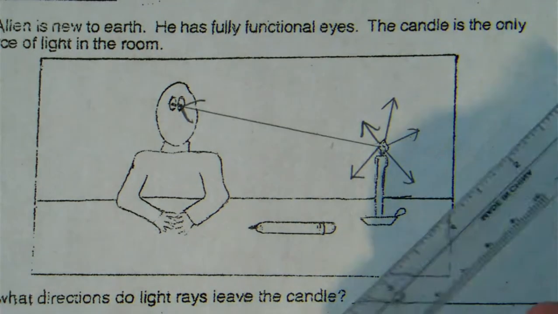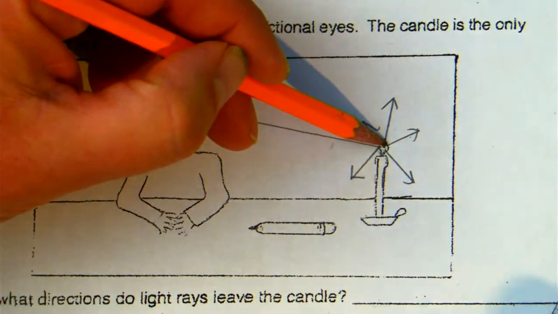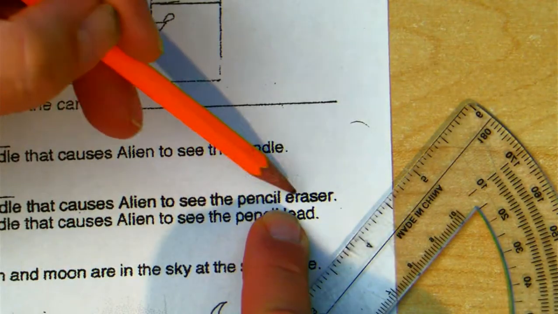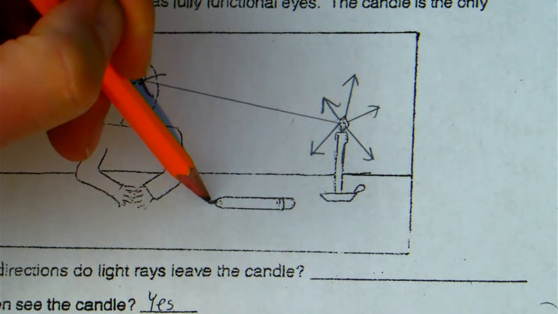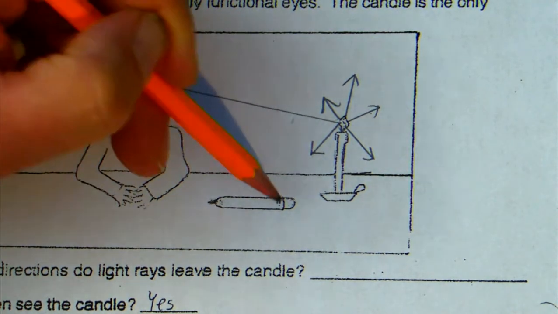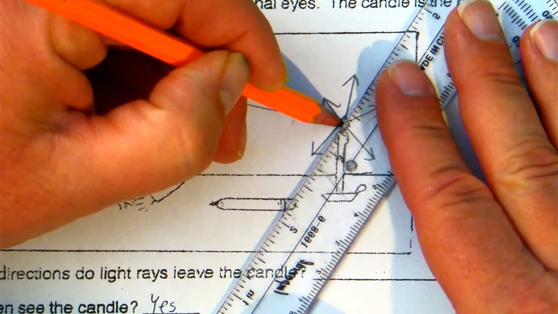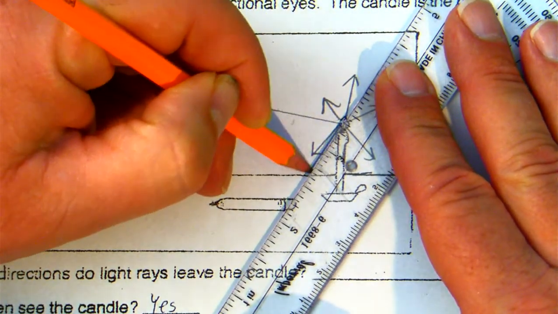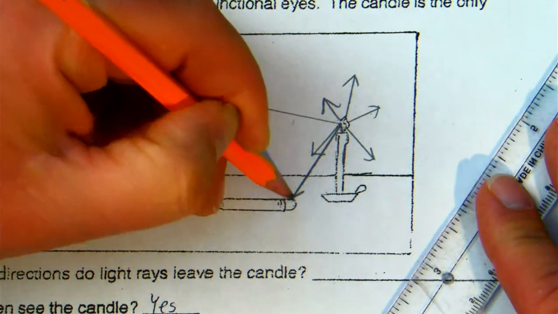All right, so the student says, draw a ray of light from the candle to the pencil. And in particular, it's not just the pencil, we're targeting the pencil eraser. So as you look at this diagram, we interpret this as being the pencil lead, and that is pencil eraser. So I'm going to draw a ray of light that starts with the candle flame and hits the eraser.